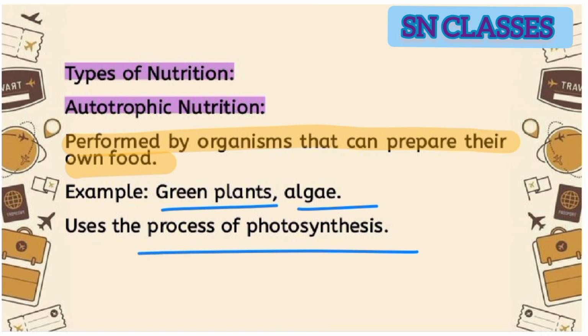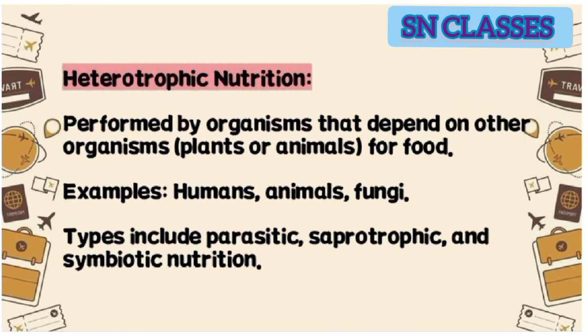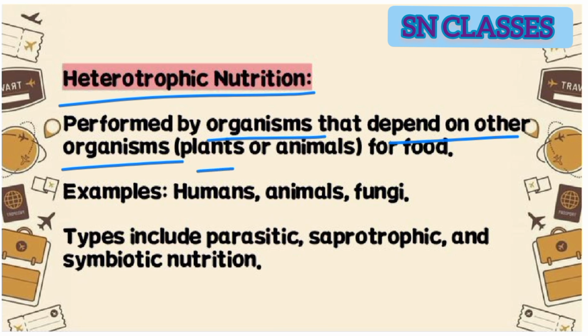Okay. So now let us move on to the next slide, that is the heterotrophic mode of nutrition. Here it is performed by the organisms that depend on other organisms, it may be plants or animals, for food. Hetero means depending on other.